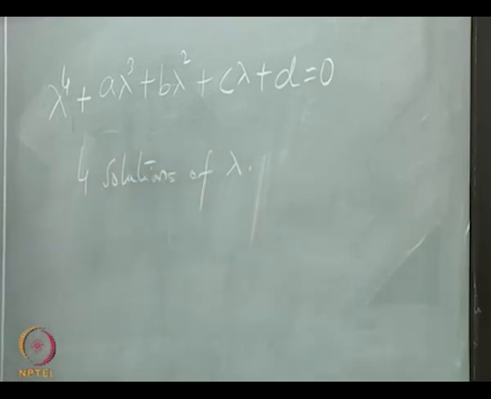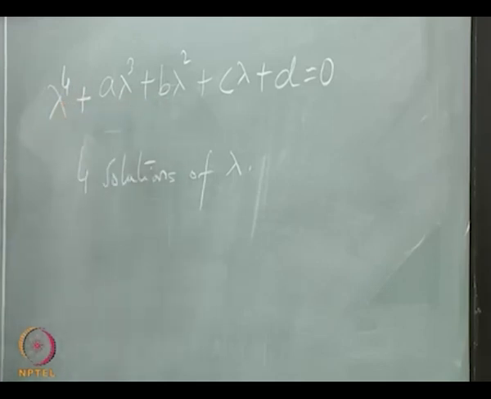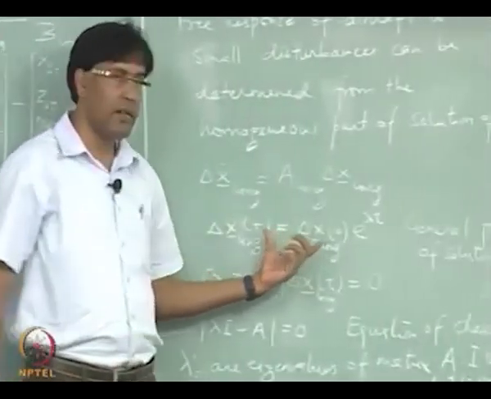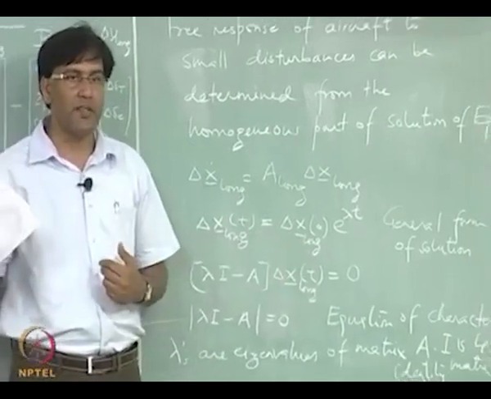Four eigenvalues, and these eigenvalues will depend upon these coefficients, and these coefficients are functions of aircraft parameters. So lambdas are going to define the perturbed dynamics, and they are functions of aircraft parameters.